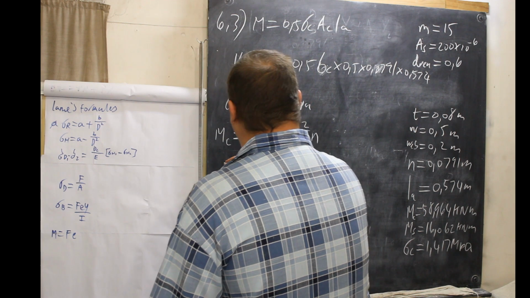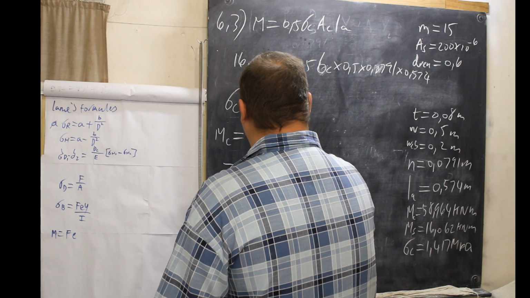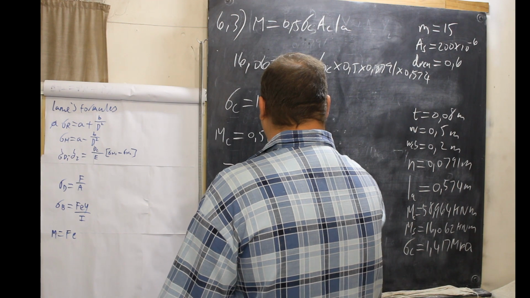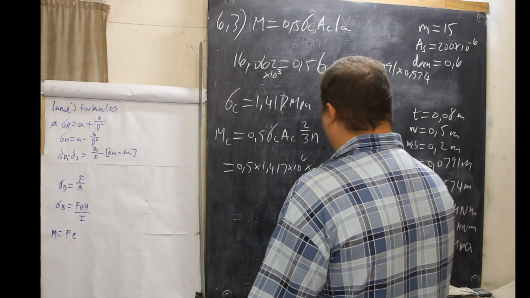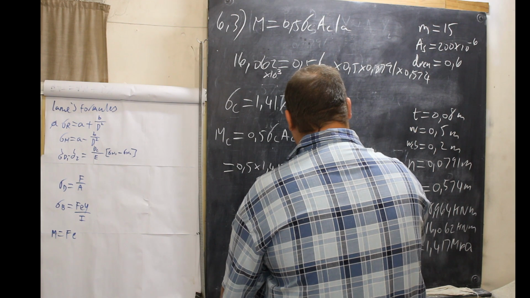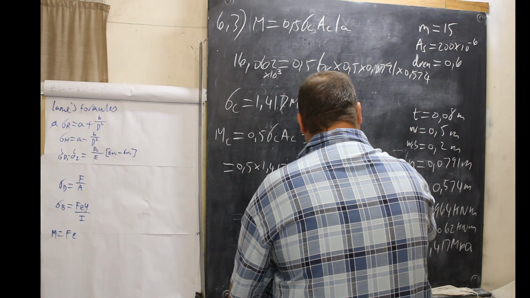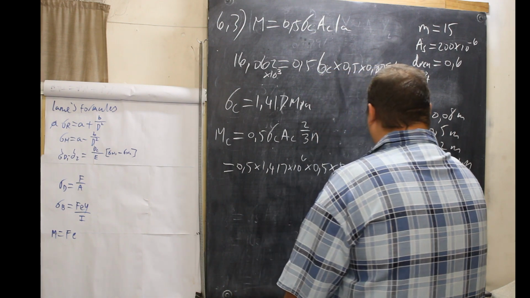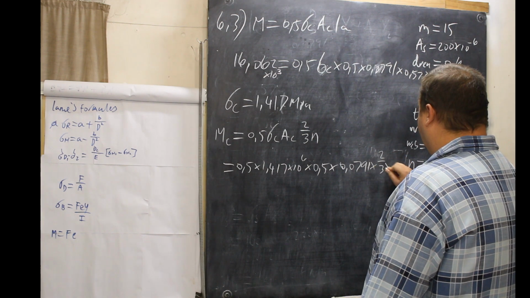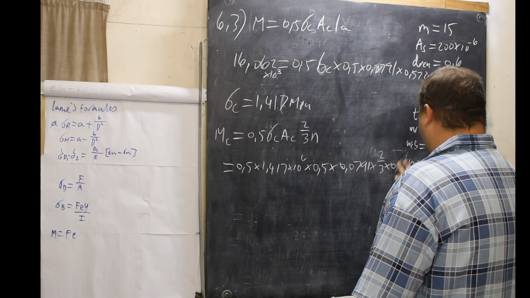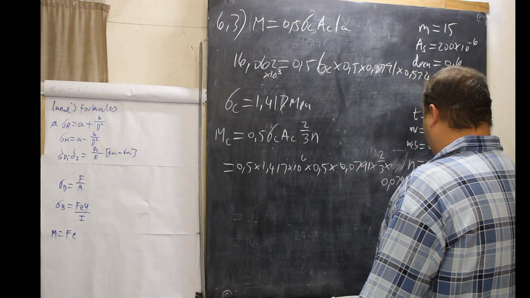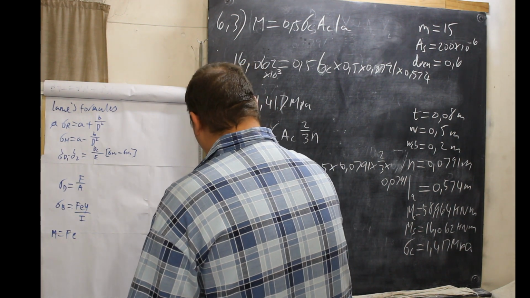So equals 0,5 times the stress of the concrete, 1,417 times 10 to the 6, times the area of the concrete, 0,5 times 0,0791, times 2 over 3 times 0,0791. And all this equals MC.